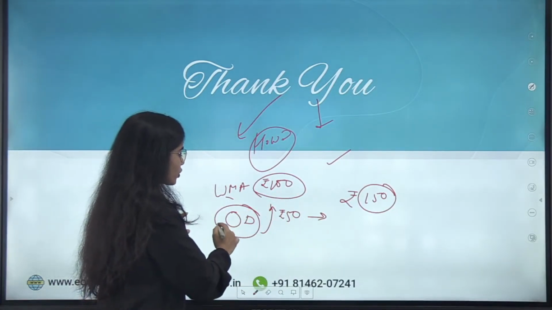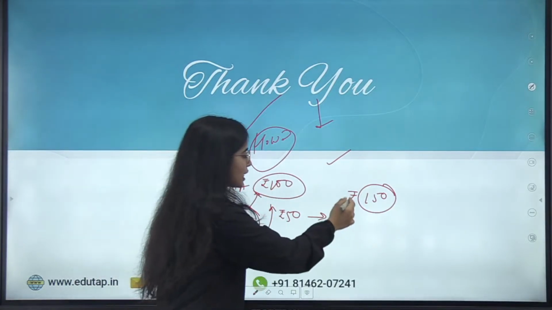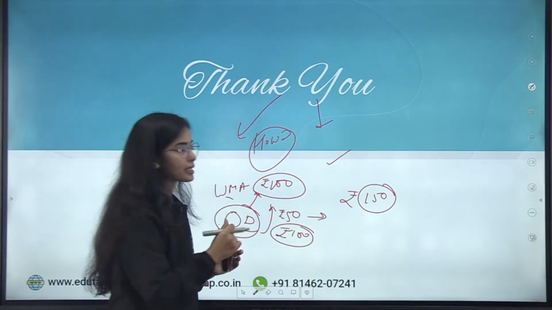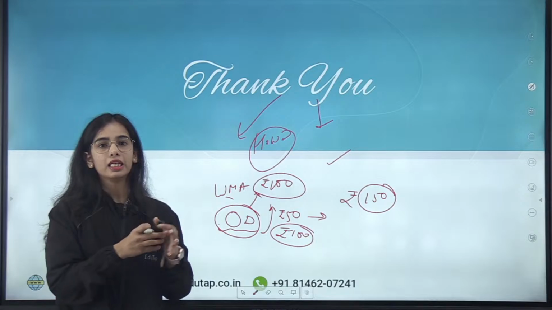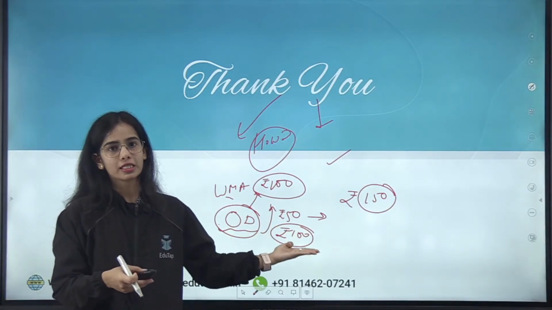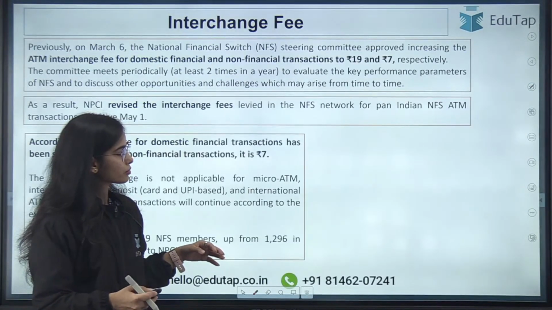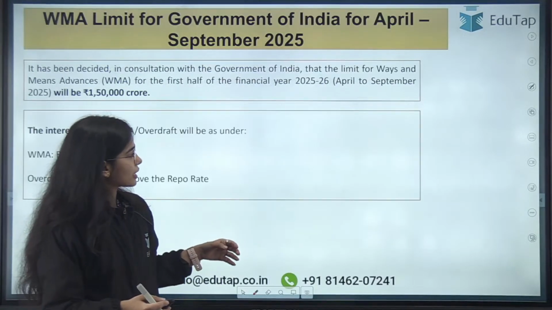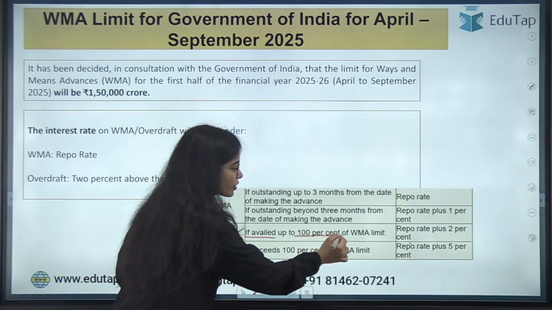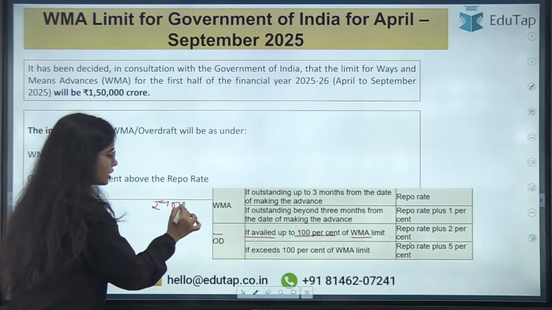Overdraft taken up to the WMA limit means that up to 100 rupees the overdraft will have an interest rate of repo rate plus 2%. So overdraft if availed up to 100% of the WMA limit is extra money. 100 rupees was under the WMA limit.